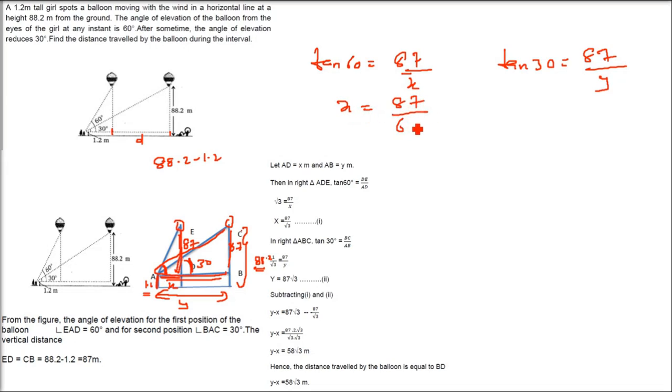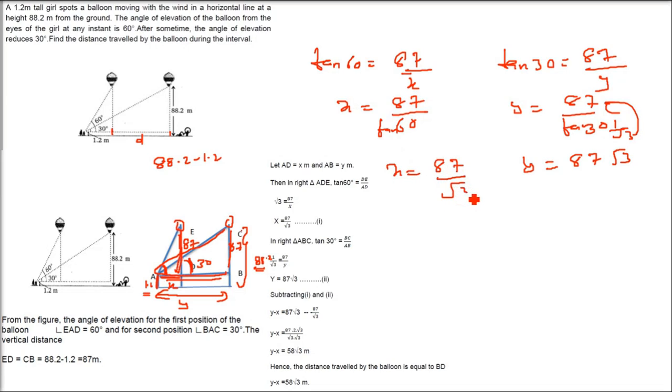So x will be 87 by tan 60 degrees. And what will y be? y will be 87 by tan 30. Tan 30 is 1 by root 3, so 87 divided by 1 by root 3, root 3 goes up, it is 87 root 3. Tan 60 is root 3 only, so x remains 87 by root 3.